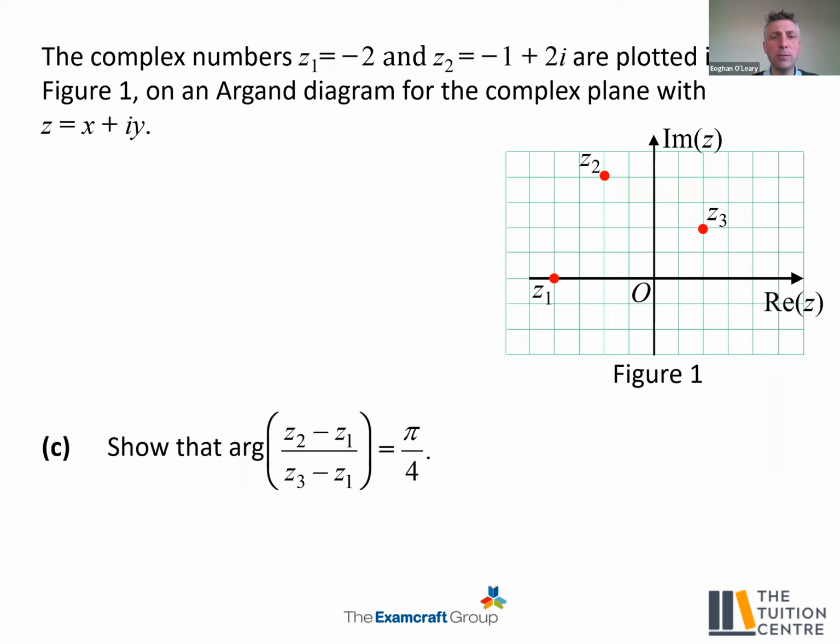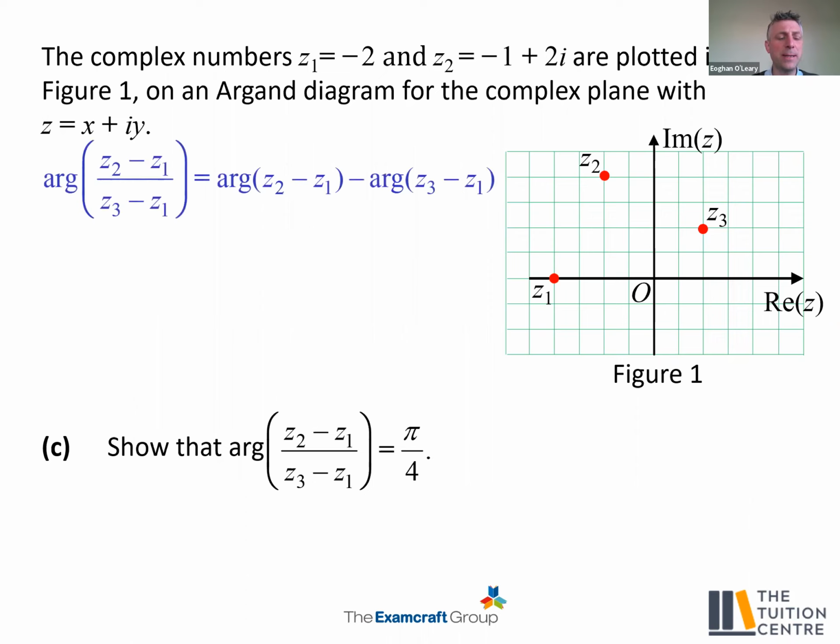We know when dividing complex numbers in polar form, you end up subtracting the arguments. So it's going to be the same idea here, that the argument of z2 minus z1 divided by z3 minus z1 is equal to the argument of the top minus the argument of the bottom.